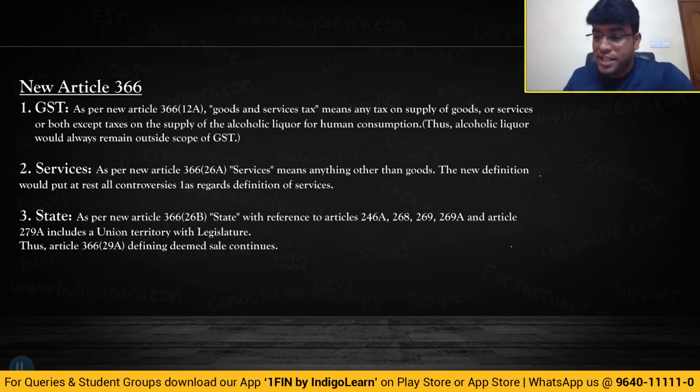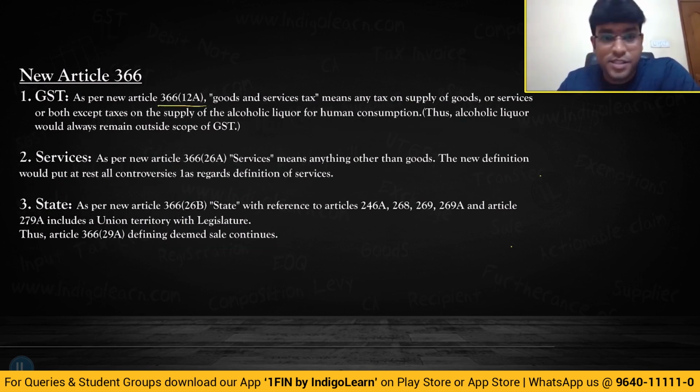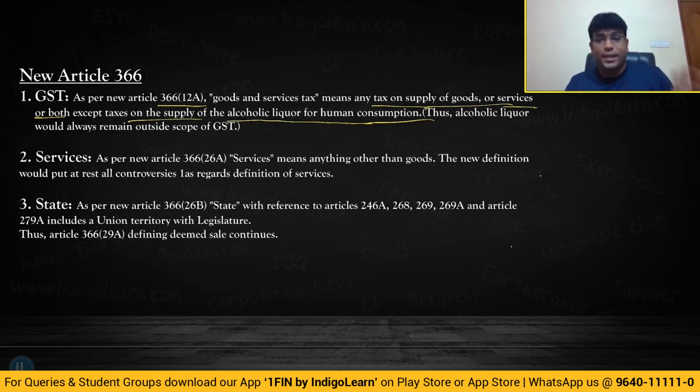In Article 366, GST is defined as per Article 366 12A, which clearly says GST means a tax on supply of goods or services or both. So GST is a tax levied on supply of goods, services, or both, except taxes on alcoholic liquor for human consumption.